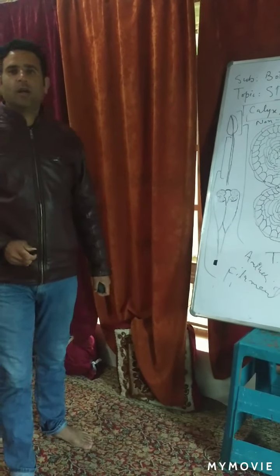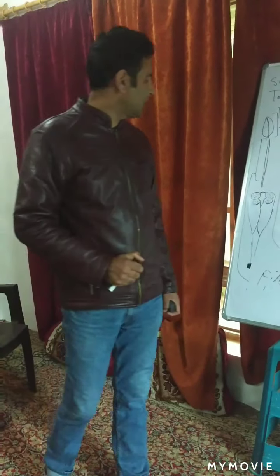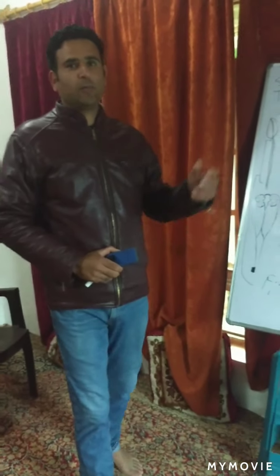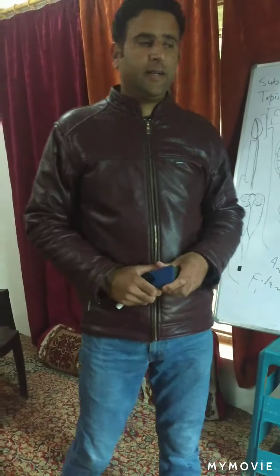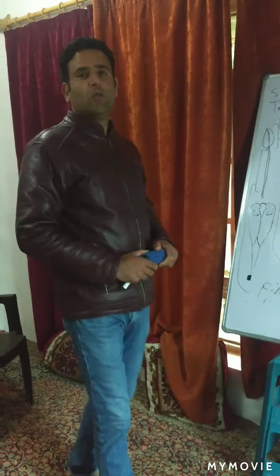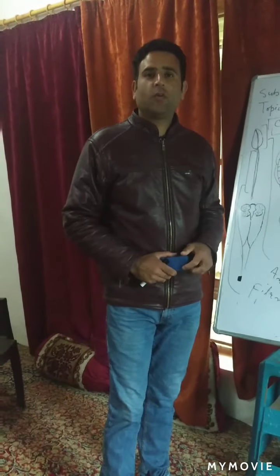There are also monothecous anthers. Monothecous anthers have just a single anther lobe which carries two pollen sacs or pollen chambers. An example is the shoe flower and the cotton plant, where we find monothecous anthers.